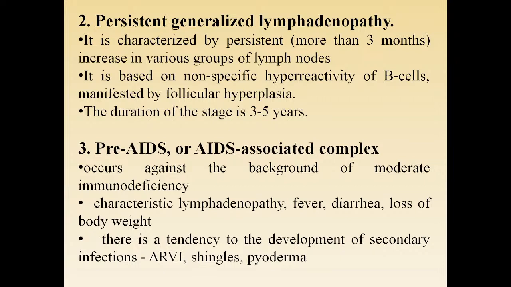Next period: AIDS-associated complex, or pre-AIDS. AIDS-associated complex occurs against the background of a moderate immunodeficiency. It is characterized by lymphadenopathy, fever, diarrhea, and loss of body weight.